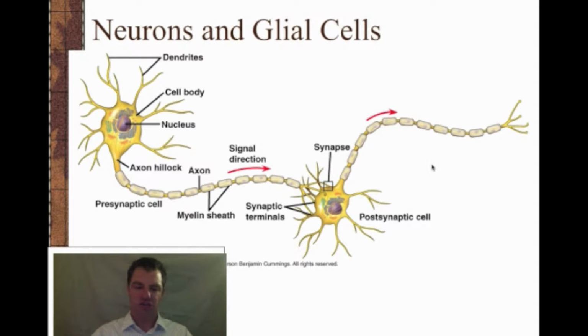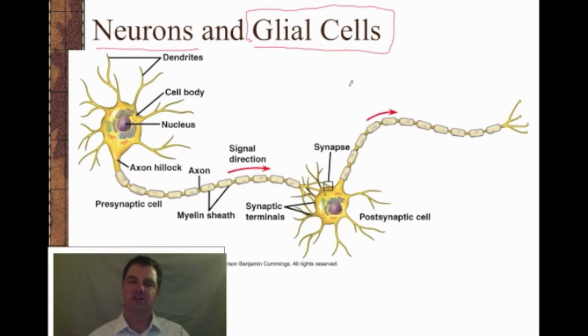We'll first start talking about the nervous system, and there are two categories of cells when we talk about the nervous system. There's the neurons, which we'll spend most of our time talking about, but then there's also these cells called the glial cells. The glial cells are kind of like the glue. They're responsible for cleaning the neurons.